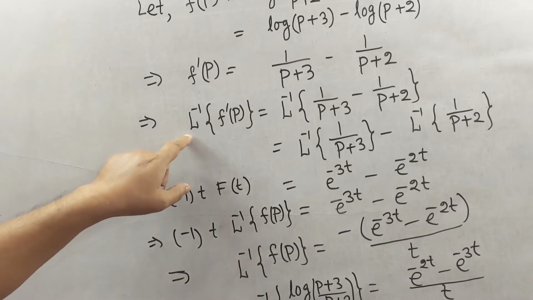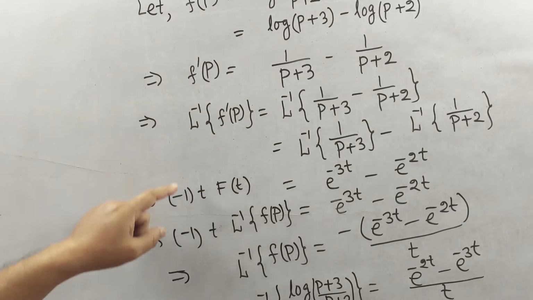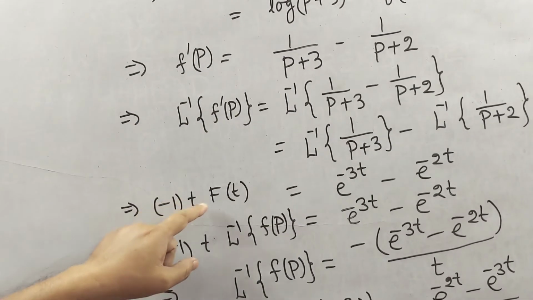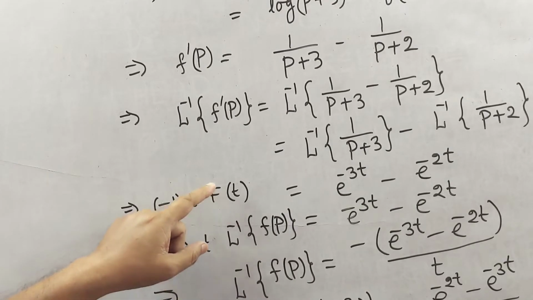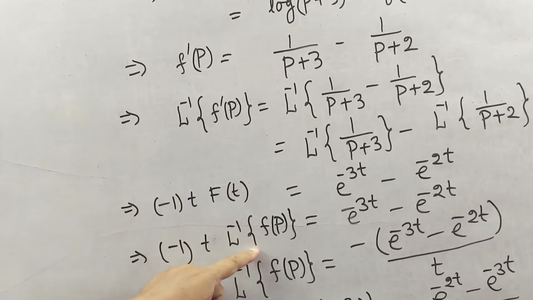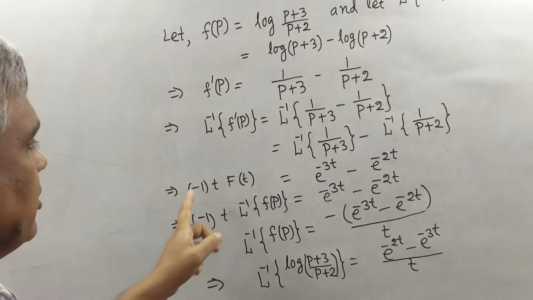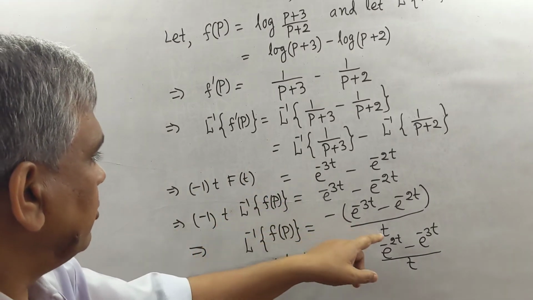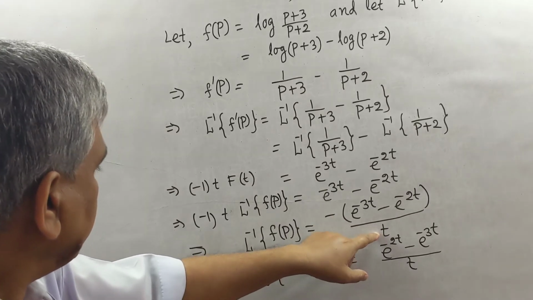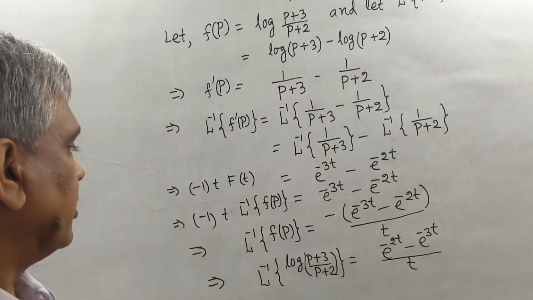Here L inverse F dash p equals minus 1 t f(t), where f(t) is L inverse F(p). So if we send these two terms to the right side, t will be here and minus 1 is here.